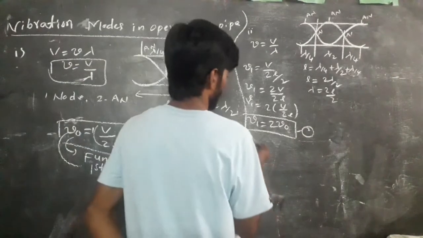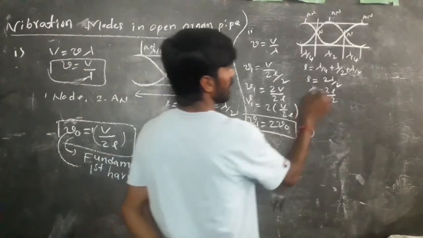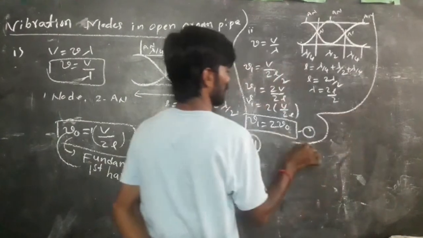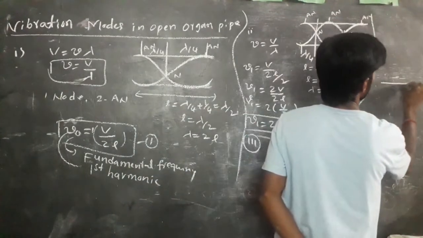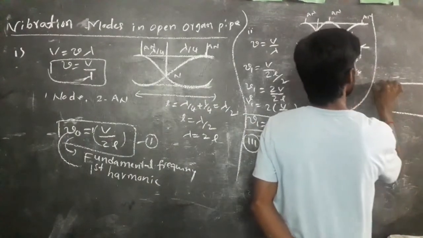And now the third one. The third one is some different line. I am taking this third one, with different nodes and different antinodes.